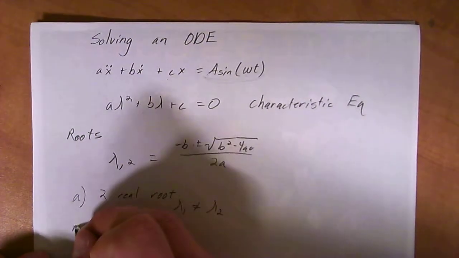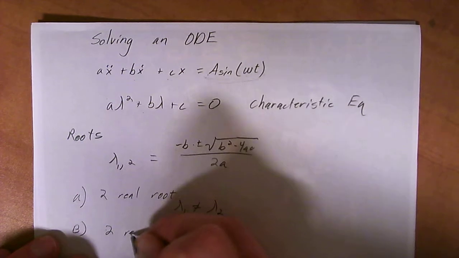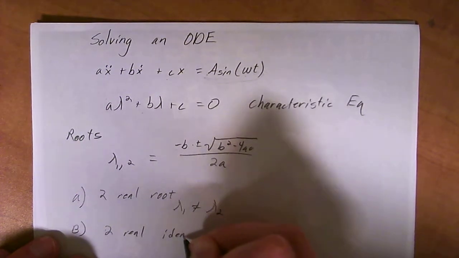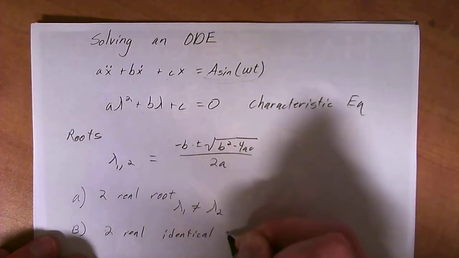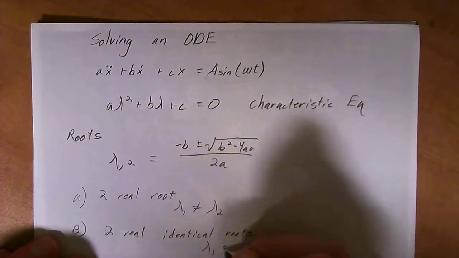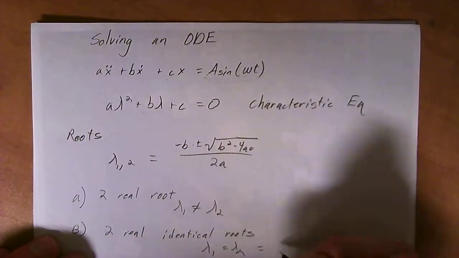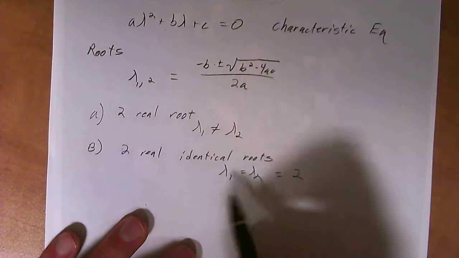They're two real distinct roots. Or B: you get two real identical roots, where lambda 1 does equal lambda 2, like both of them equal to a number like 2.